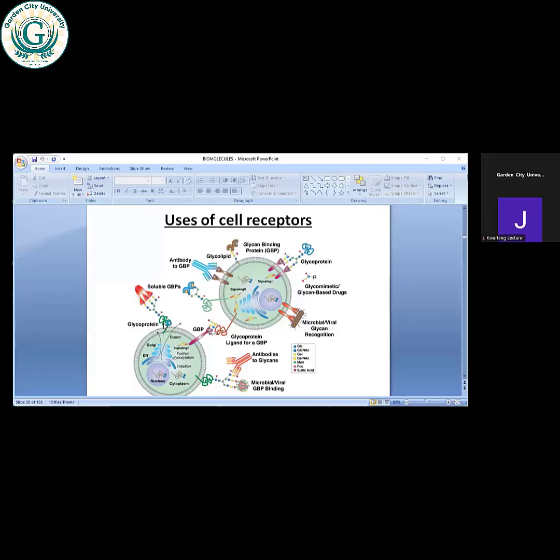The fourth thing is that they also help in determination of our blood group. I told you that the blood group is determined by an oligosaccharide chain within our body. And this is purely genotypic, so you can't change much of it.